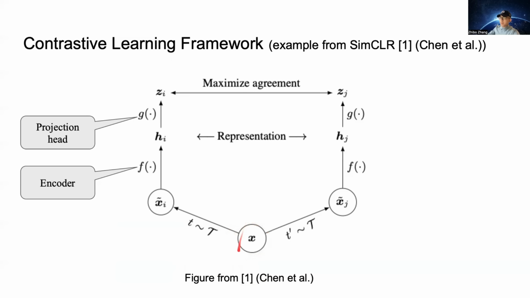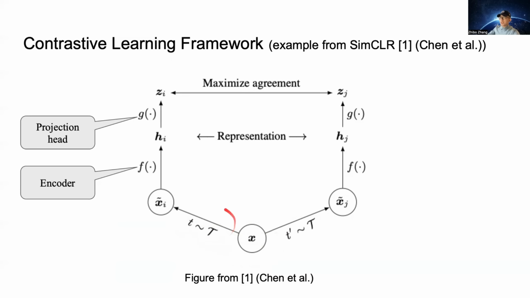For any given input image x, it is transformed into two augmented views of the original image, which are called x_i and x_j, using some form of transformations t and t prime.